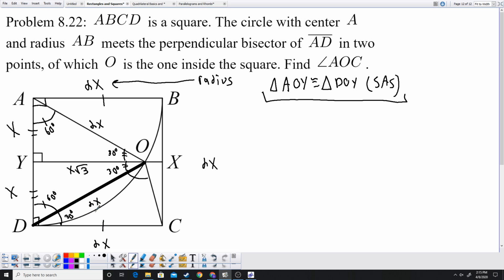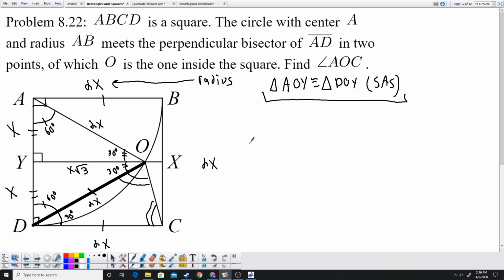Well, we have that the side here is 2x, but that's also the side DC, which means that we have an isosceles triangle at DOC, where this angle and this angle have to be the same. These two angles have to be the same because isosceles triangle at DOC.